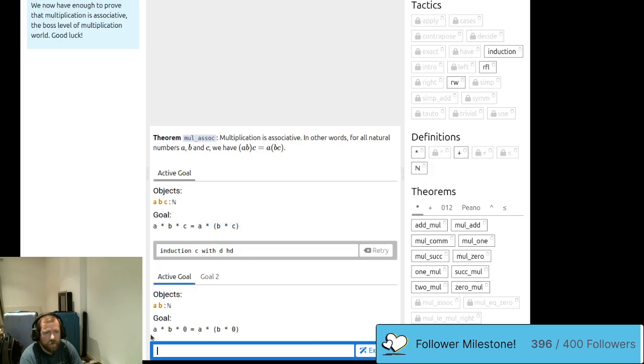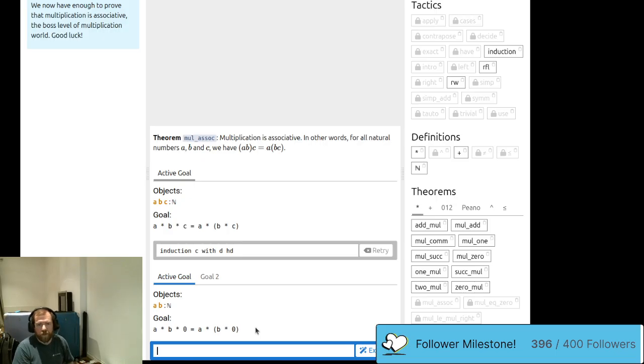The active goal is going to be the initial condition for the induction. Anybody who's done this before, you start with a base case. Starting with a particular number, in this case c equals 0, does this relationship hold, where (a times b) times c is equal to a times (b times c)?